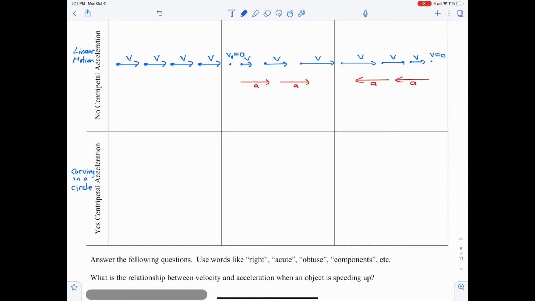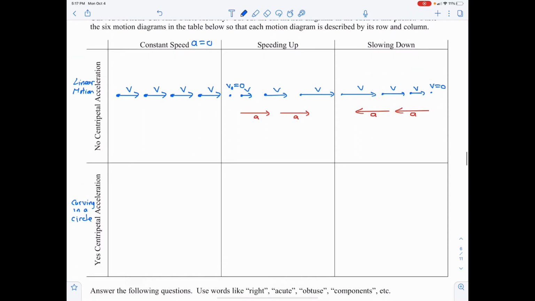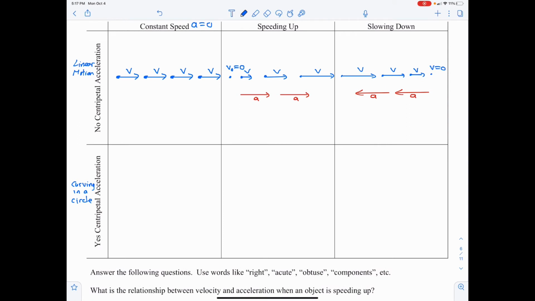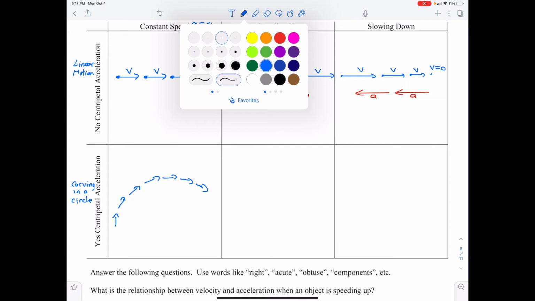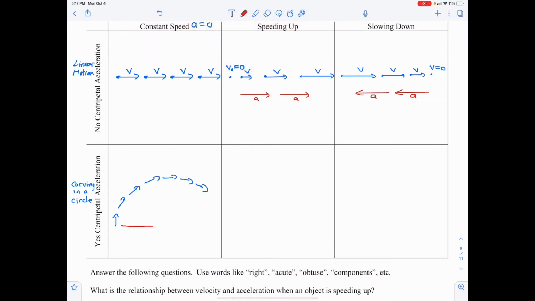Now, if we're curving in a circle at a constant speed, like in the first column, then we'd have some arrows, all the same length, going around the edge of the circle, fairly equally spaced apart. The difference is you have no tangential acceleration because you're going at a constant speed, you're not speeding up or slowing down, but you do have centripetal acceleration.